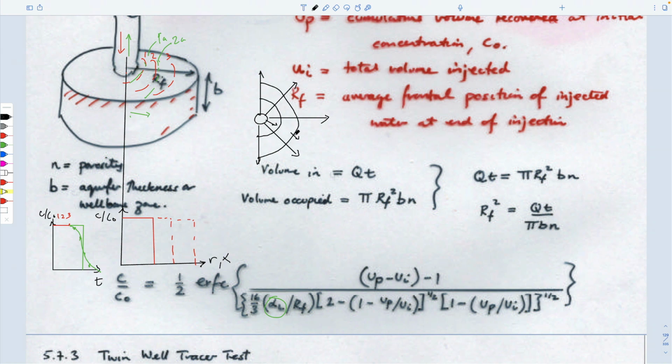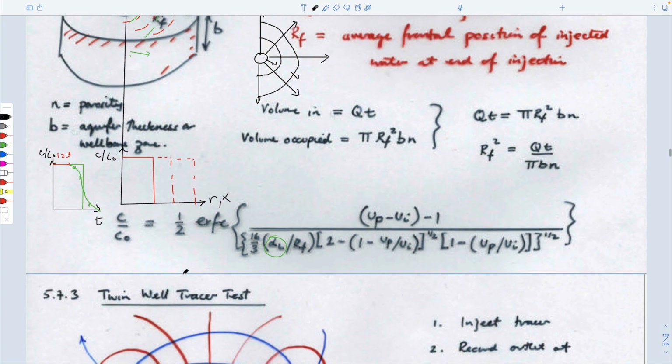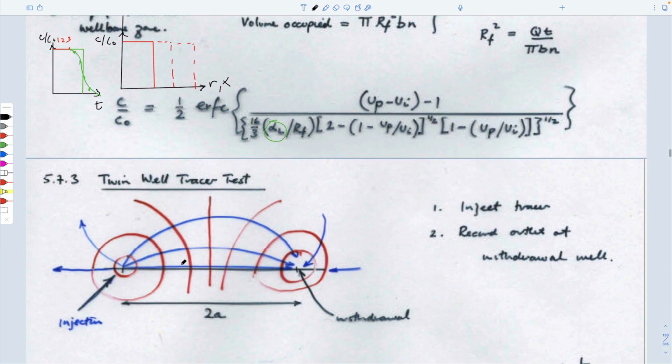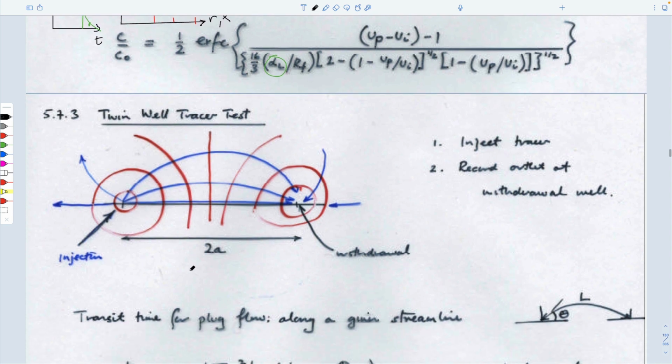And so you have what you could imagine is geometric spreading just due to the flow geometry, if you like. That geometric spreading will give you artificially elevated values of these longitudinal dispersion coefficients. It's perhaps not so obvious in this geometry, but it is more obvious in this geometry, I think.